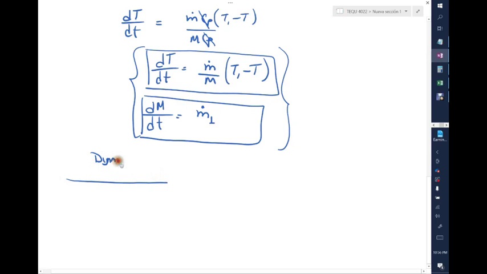Dynamics, we're going to have t, M, and temperature. At time equals 0, the mass is the initial mass within the vessel.